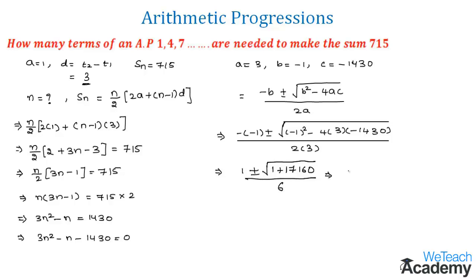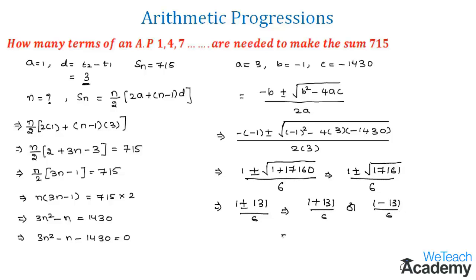So that implies we get 1 plus or minus root of 17,161 divided by 6. So this would come as 1 plus or minus, and here the square root of 17,161 is a perfect square and its root is 131. So let us write over here 131 divided by 6. So that implies we get here 1 plus 131 divided by 6 or 1 minus 131 divided by 6.